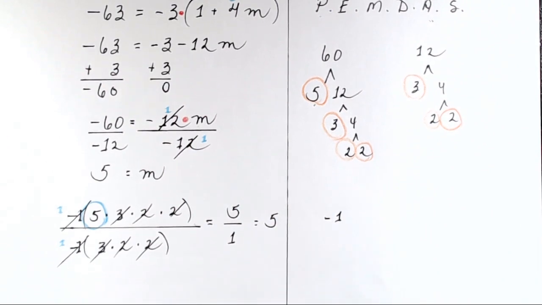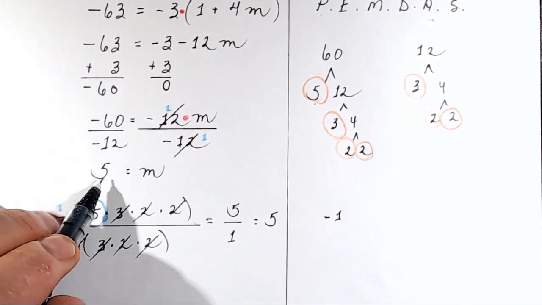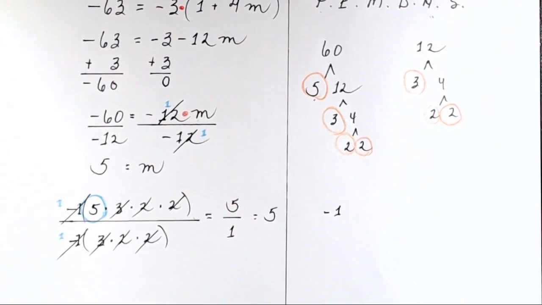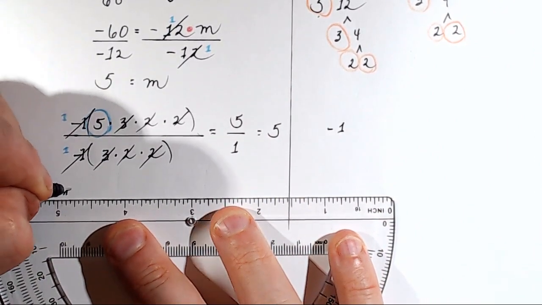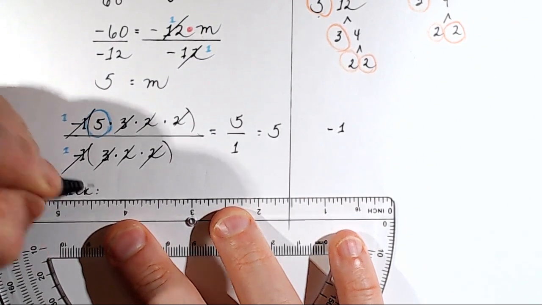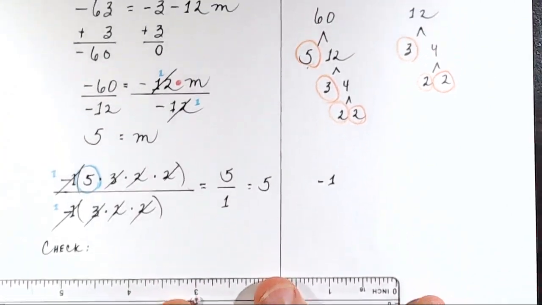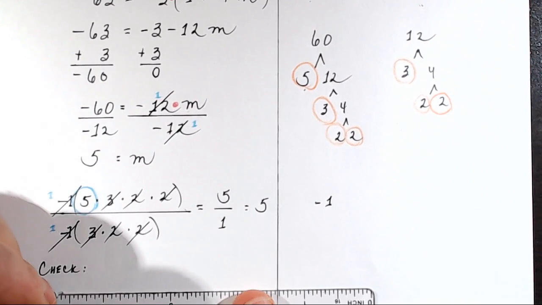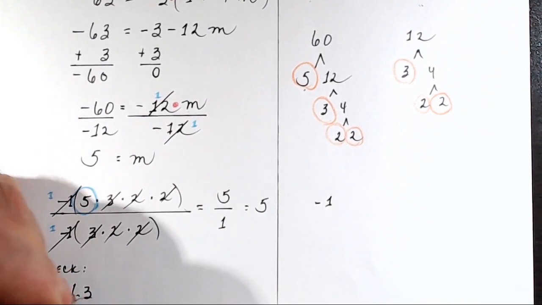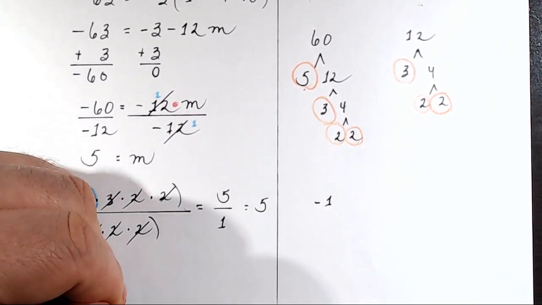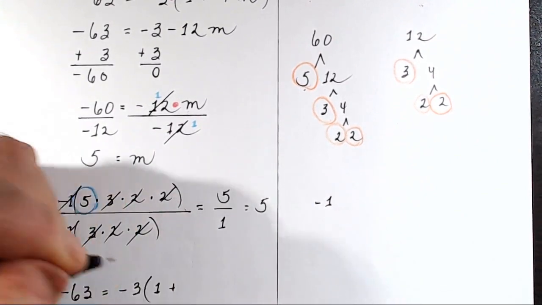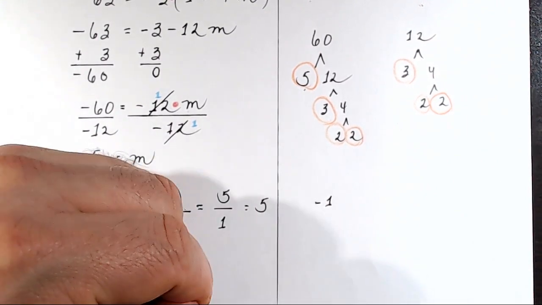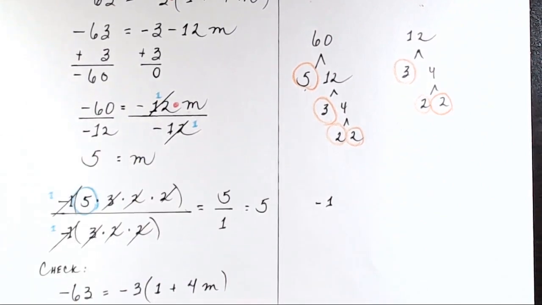So let's check our answer to make sure we were right. We think that m is 5. Okay, let's check it. Let's go back here and we'll do a check real quick. Because remember, we're not using a calculator, so we've got to check our work. We will rewrite the original problem, negative 63 equals negative 3, open parentheses, 1 plus 4m, close parentheses.